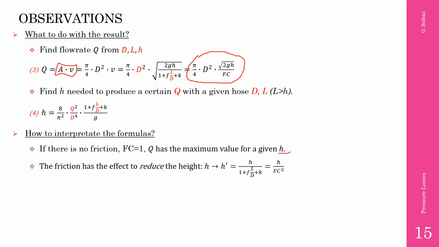The friction has the effect of reducing the height from the physical one, h, to an equivalent h prime, that is practically the ratio between the physical height and the friction coefficient to the second power. The distributed losses are proportional to the ratio between the pipe length and its diameter to the fifth power.